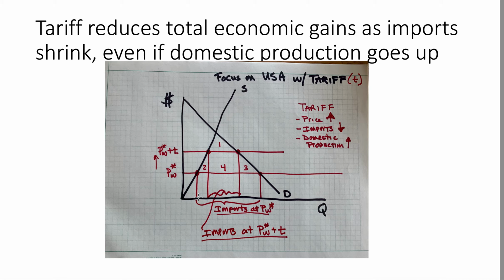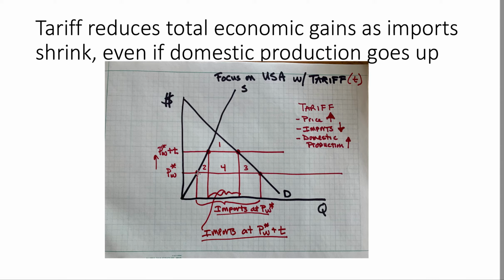Okay, why is that? Well, let's focus in on the U.S. and the tariff. That tariff pushed world prices up, and now it divides the gains from trade into 4 sections. We can see imports without the tariff were pretty big. Imports with the tariff are smaller.